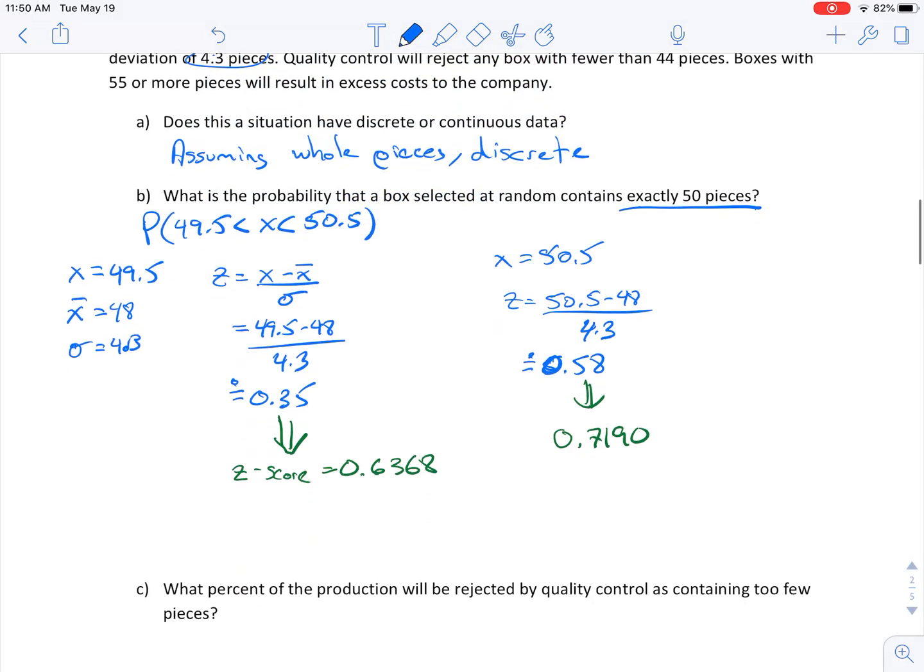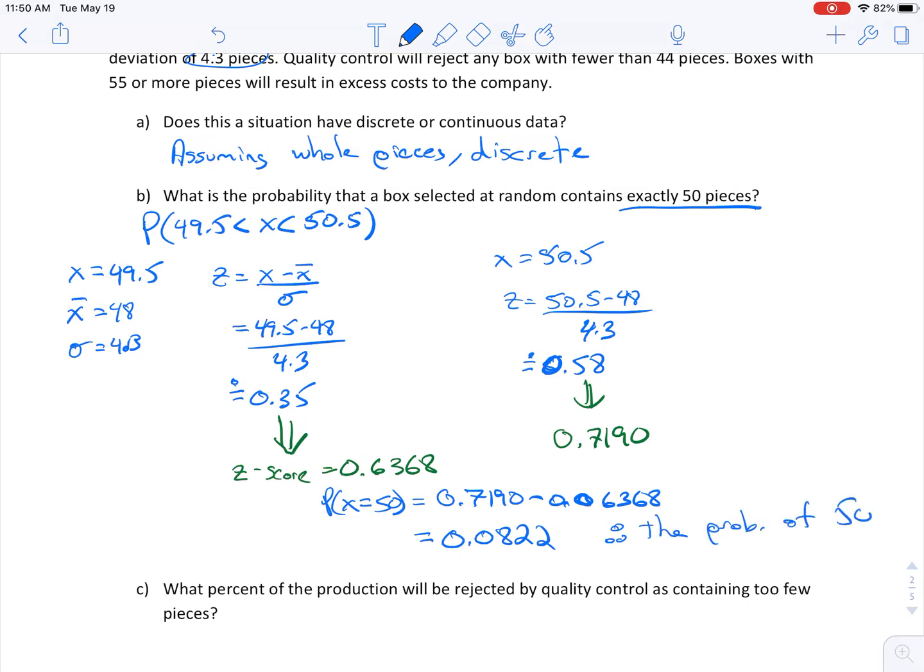So in the end, the probability of being exactly 50 is the difference between those, bigger one minus the smaller one. So we get 0.0822, therefore the probability of 50 pieces is approximately 8.22%.